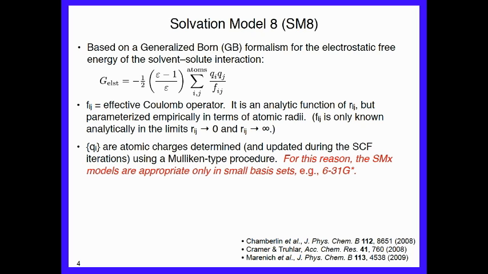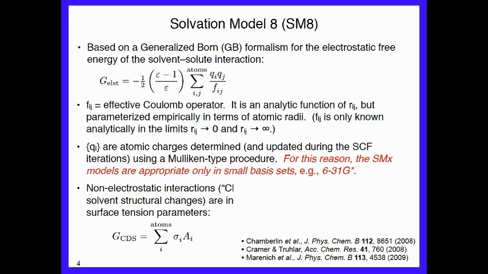And so Cramer and Truhlar, in some of these papers that I've cited at the bottom of the slide, will give some recommendations about basis sets and density functionals that they think are appropriate for use with their solvation model.